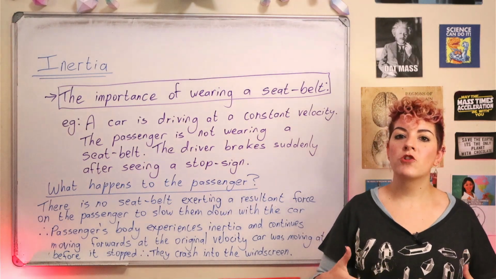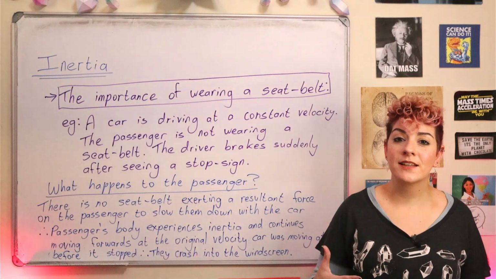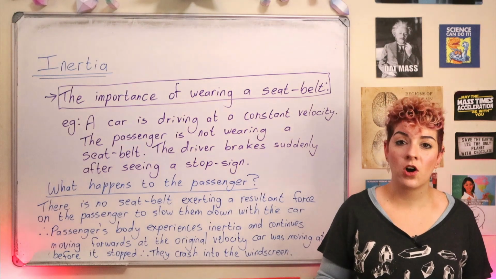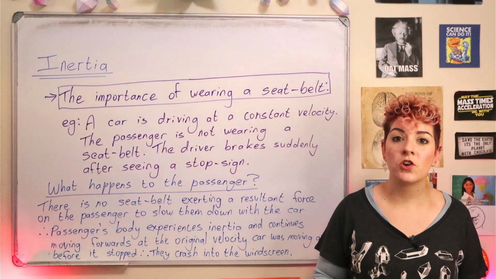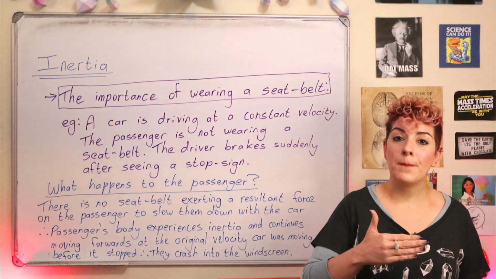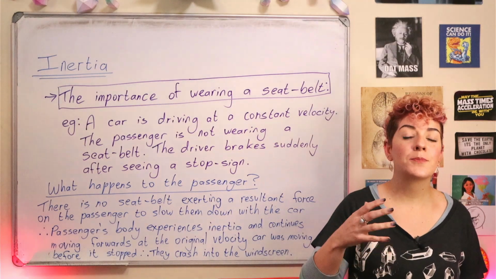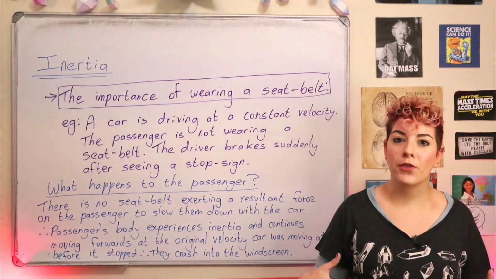So by wearing a seatbelt, you'll see that the seatbelt actually physically connects the passenger to the car, and it will exert an unbalanced or net or resultant force on the passenger while the car is braking to bring the passenger to a stop with the car.